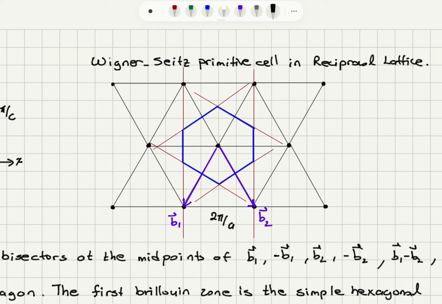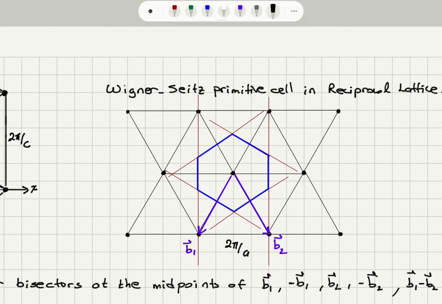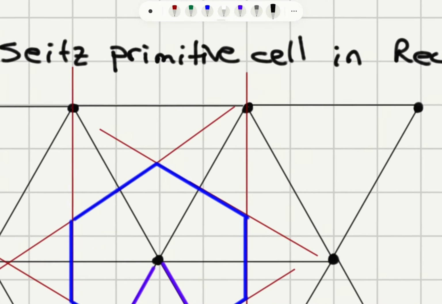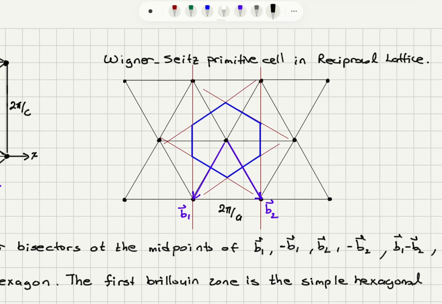So what we do is we connect it to the first neighbors. First we have a neighbor that is connected to the center lattice point by the vector b1, and then we have one that is connected by b2. We have another one that is connected by minus b2, and this one that is connected by minus b1.